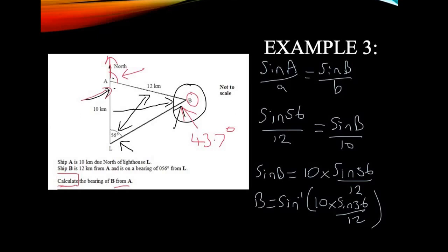Okay, and that's 80.3. And finally, that means I'll be able to work out what the bearing is of this part here. So again, if I do 180 minus 80.3, I get 99.7. So 99.7 degrees.